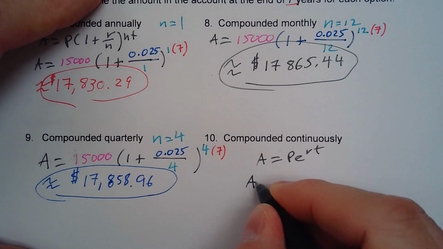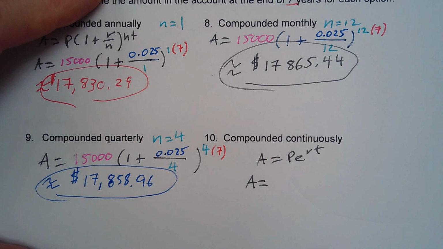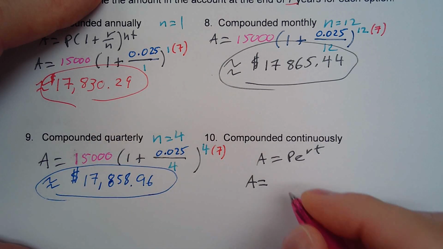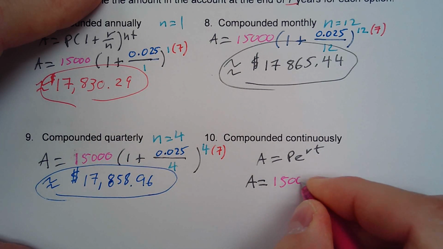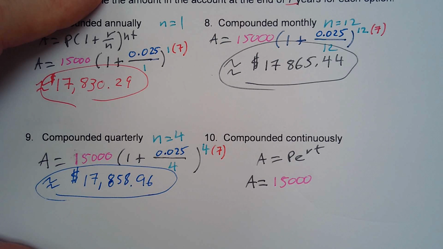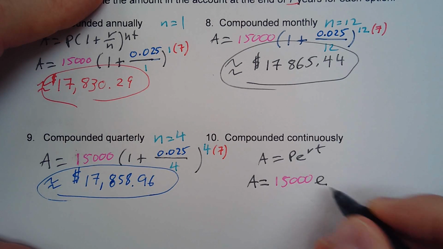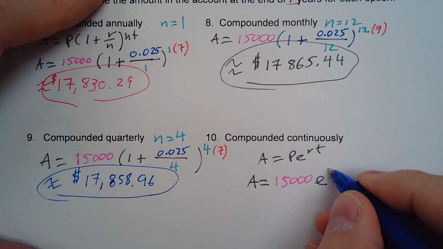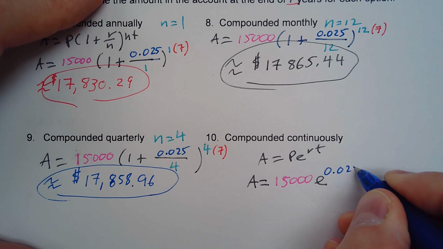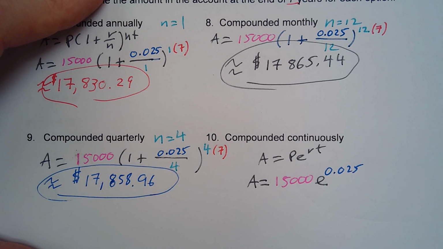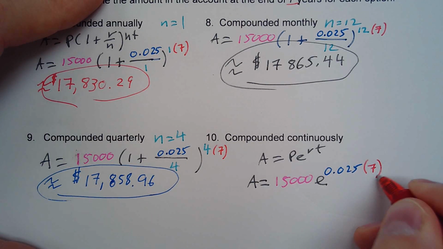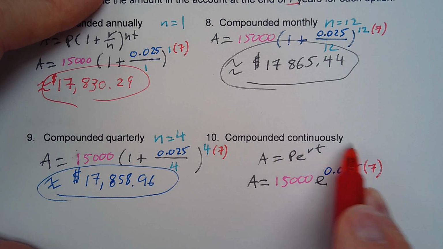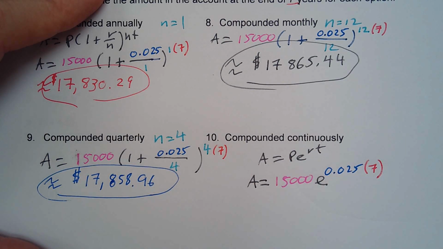So here I go, A equals, I'd still do my 15,000, e, my R here is 0.025, and my T is 7. So whenever they say continuously, that's when you use the second formula.